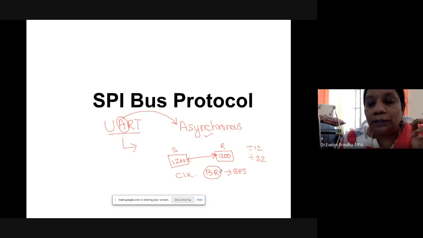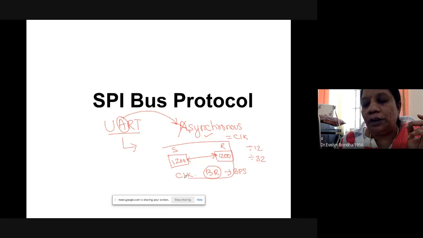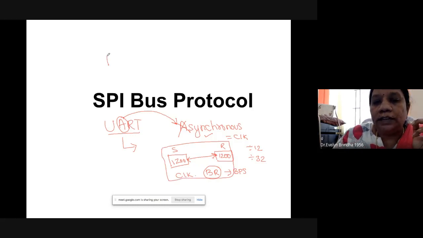Why do you need to set the baud rate when you go for asynchronous? Because there is no common clock to govern the speed. If it was a synchronous method of communication, we need not worry about the baud rate. Because you have your sender and your receiver, both of them are governed by a common clock pulse.